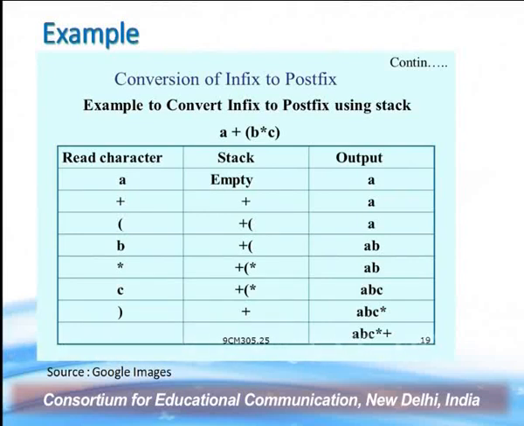Then we will be scanning b. B again will go to the output string and stack is status quo. Then asterisk. As it is an operator, we need to push it onto the stack. So now our stack is having plus, opening parenthesis and the asterisk, and the output is having a, b.